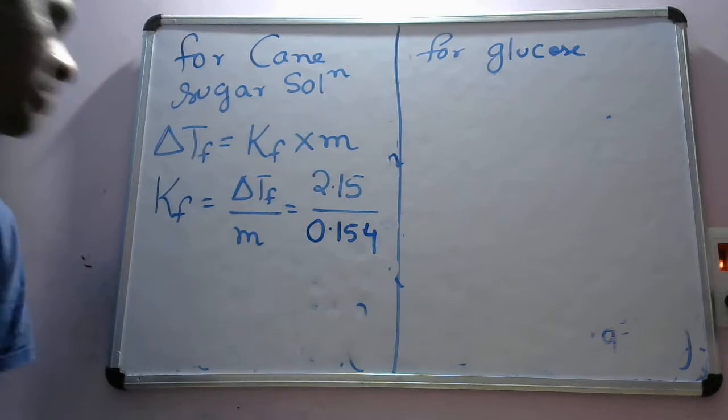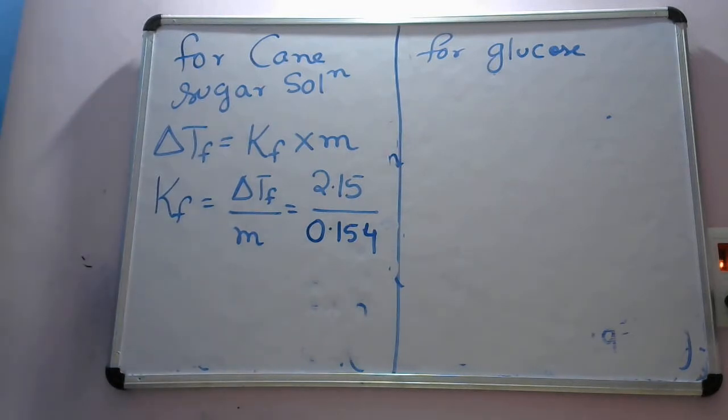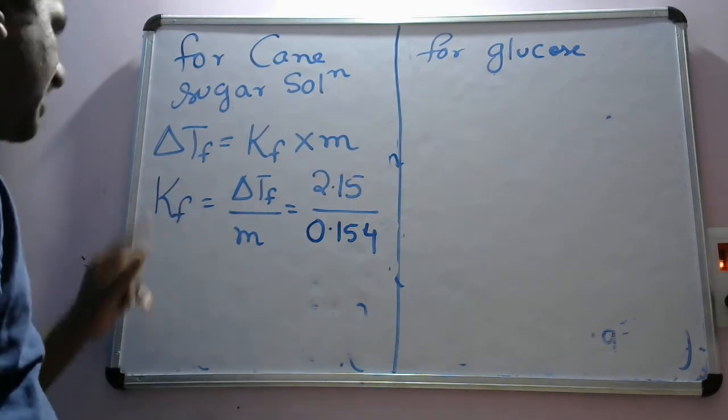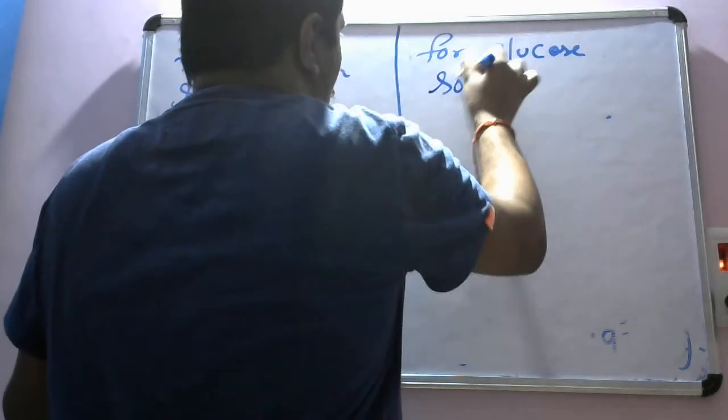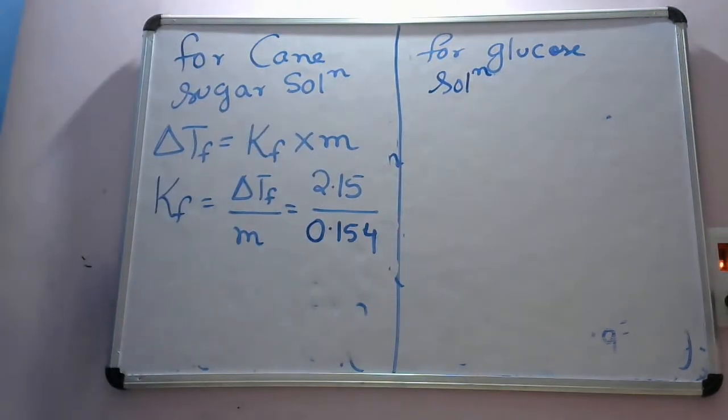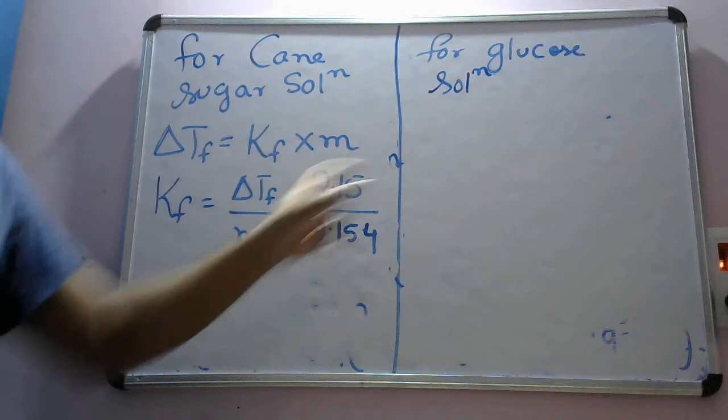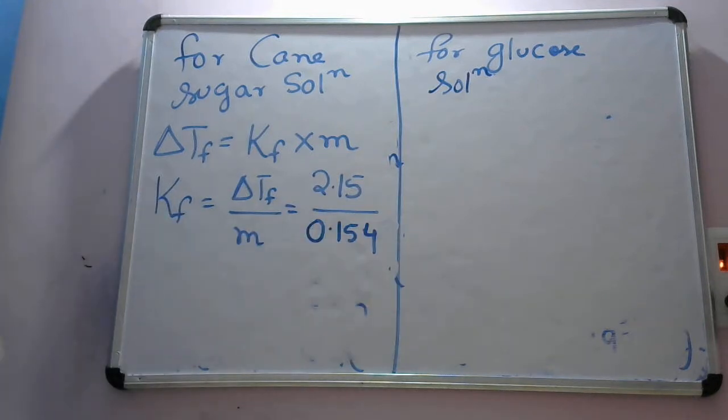We have calculated the value of molality for cane sugar solution also, so we substituted them. So this is the value of Kf you get from cane sugar. Now for glucose solution also the value of Kf will be same because the solvent is same, water. So we will use the same Kf value there also.